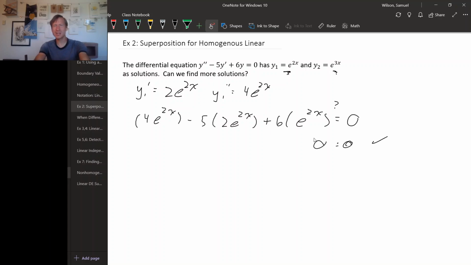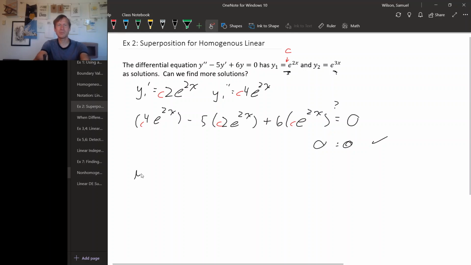But if you look at the work that we did when we checked that this was a solution, if we had some constant in front of this, none of this would change really, right? This constant would be here, here, and here, and everything would still cancel and we'd get 0.